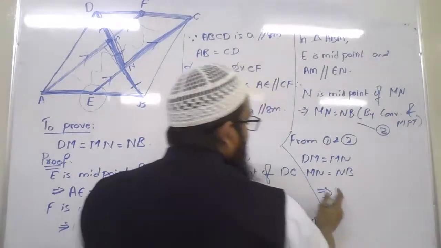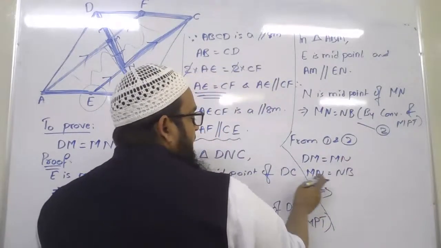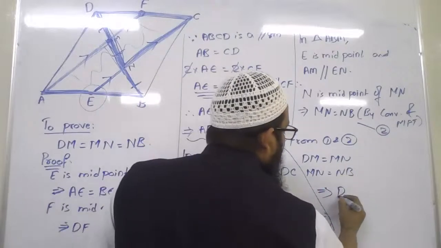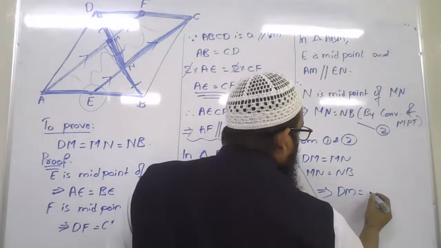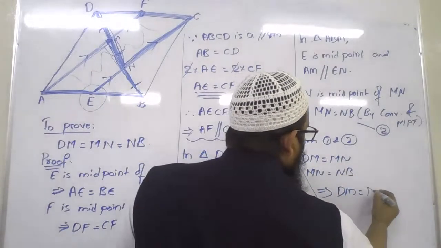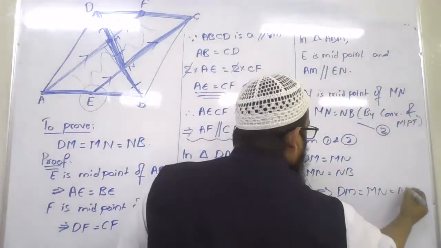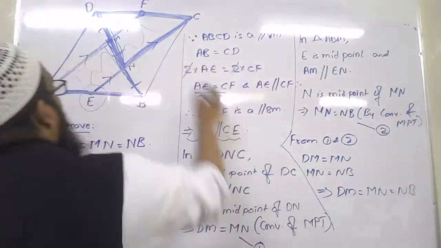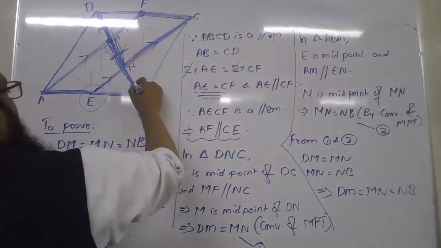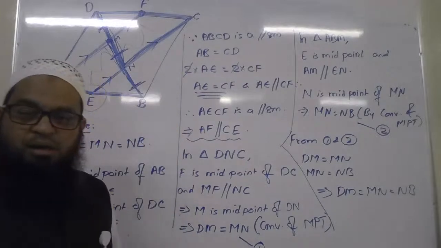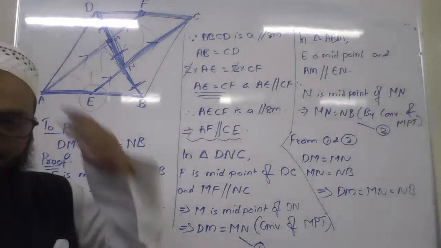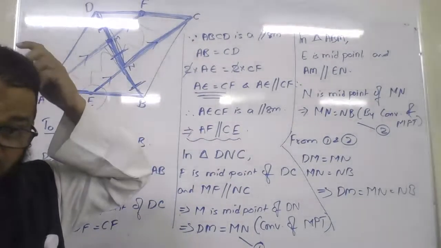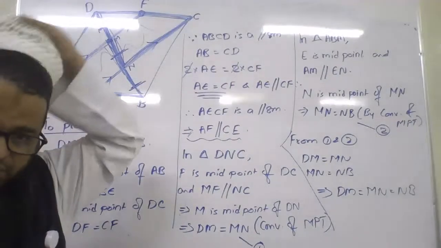So that implies DM is equal to MN is equal to NB. Understood? Everybody understood? Yes, good.